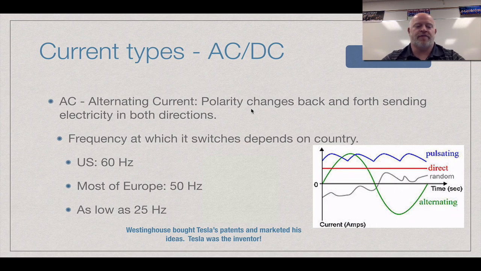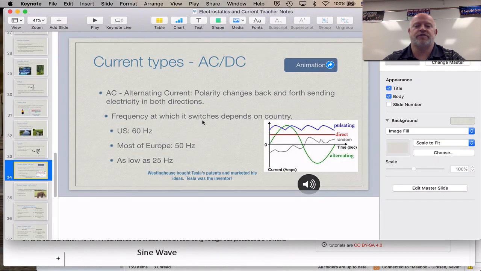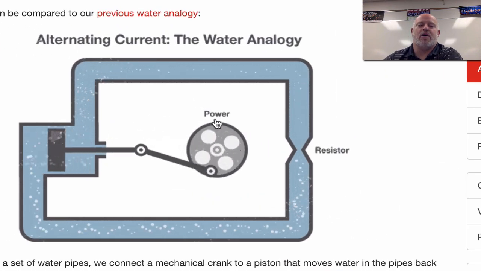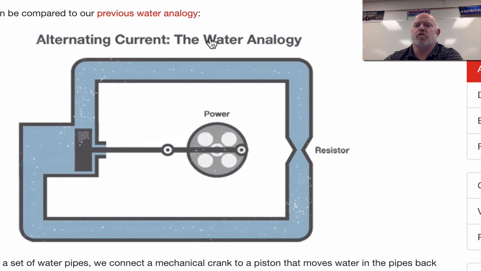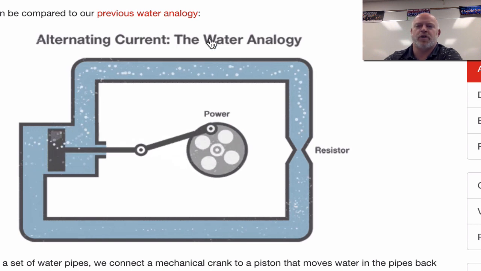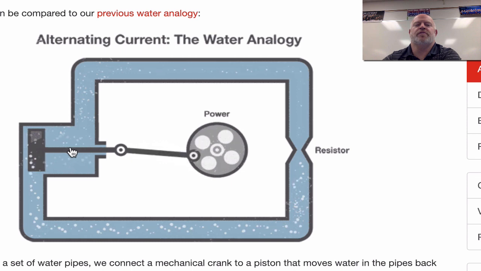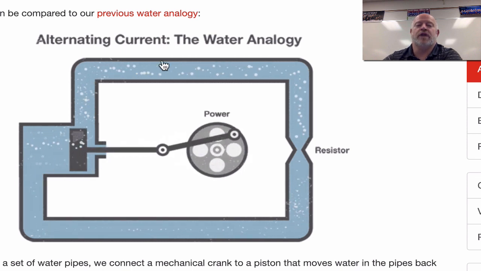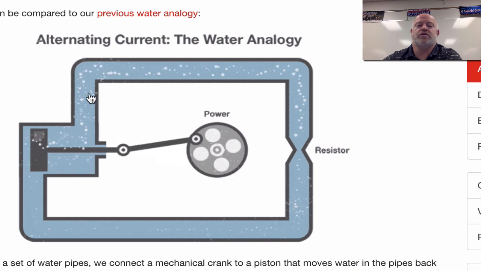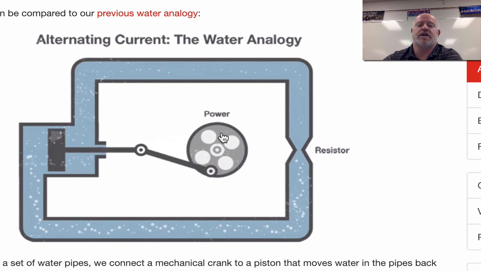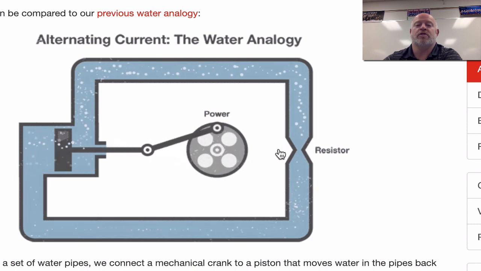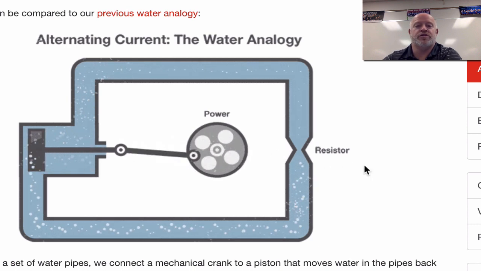Now, let me jump out of our slideshow here and show you what I mean by that. Imagine the power plant, and again, this is a water analogy, so we're not actually pumping water to our houses. But imagine the power plant sends the power one direction to your house, then the other direction, and it alternates back and forth at a certain frequency, a certain number of hertz.